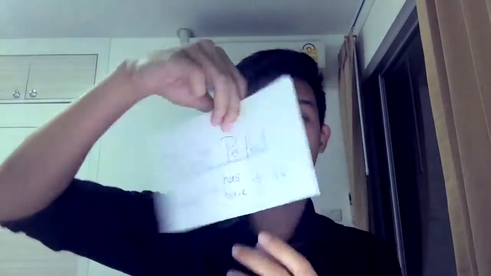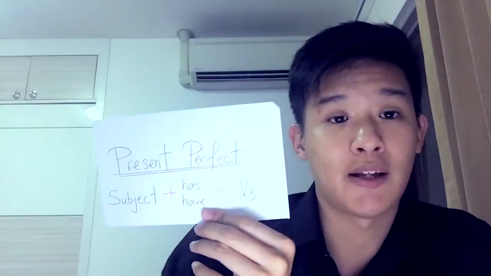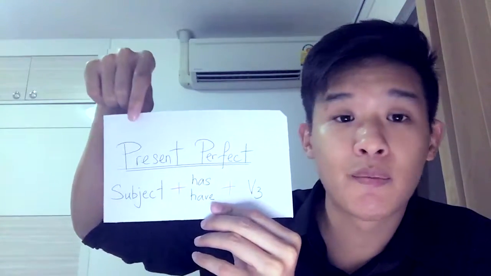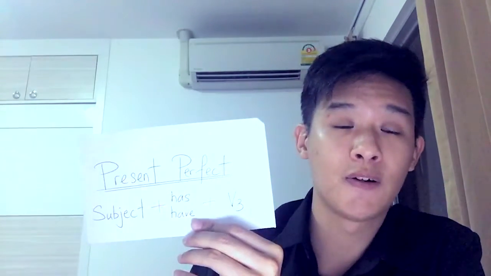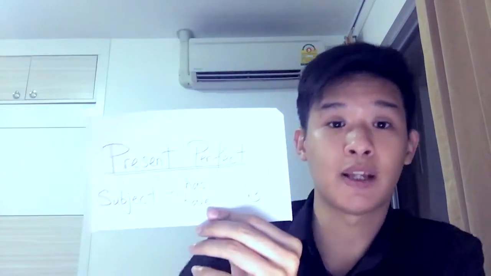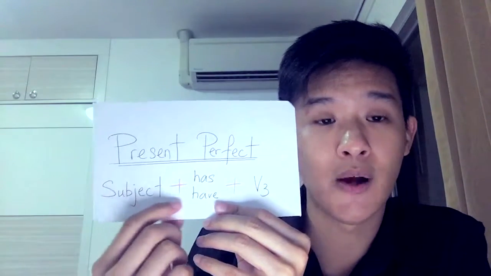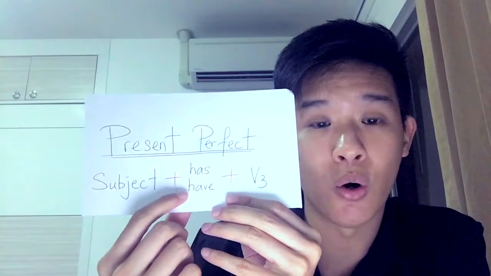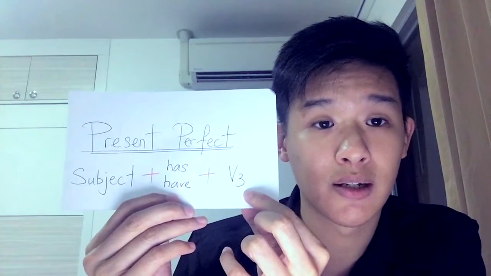Now, look at this. Present perfect. You see the word present, right? Present means now, current. So you take the subject, and you add has or have plus verb 3.